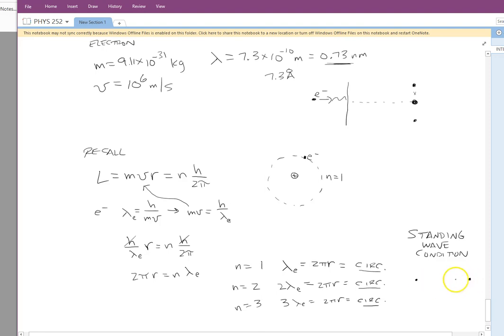If you fix a string at both ends and start vibrating it, you can get one mode called the fundamental mode where the string goes back and forth like that, with a nice big amplitude. That's what you normally get. If this distance is L, in this case, half of a wavelength fits perfectly in L.